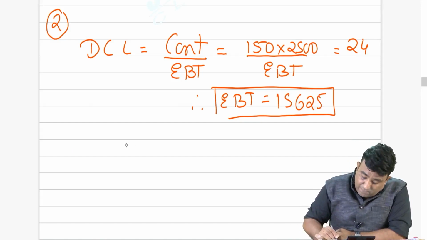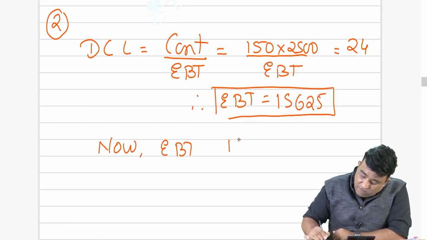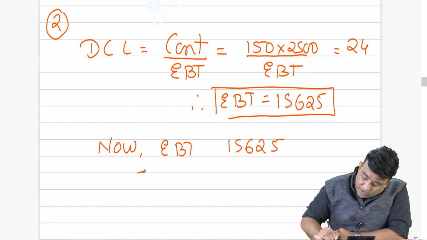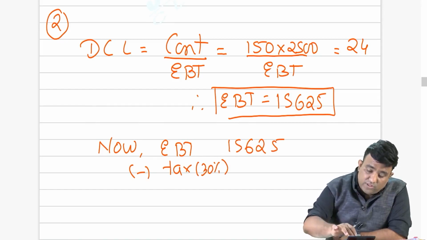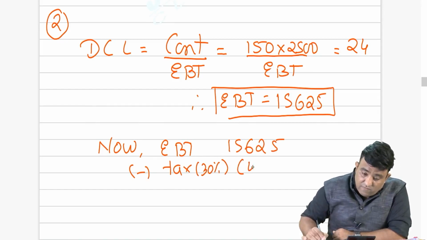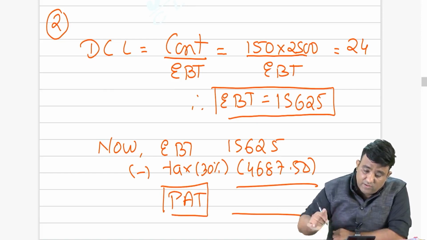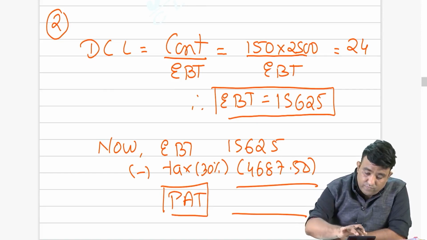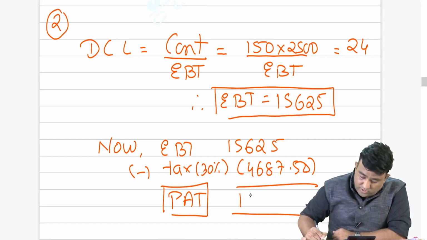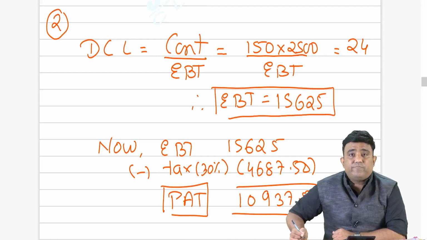What is the target? It is PAT. Now I can say that EBT is 15625 minus tax, 30% given. So 30% is 4687.5. Can I calculate profit after tax, which is earning after tax? 10937.5.